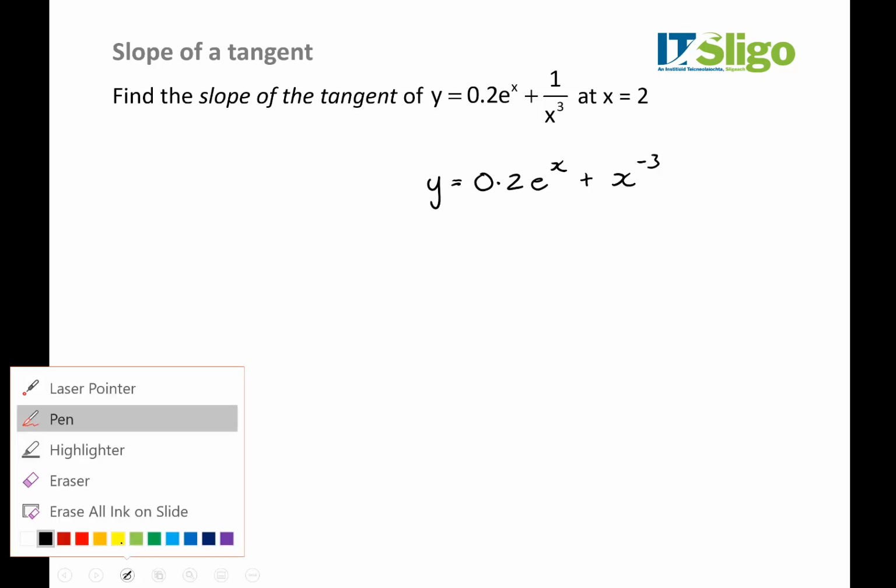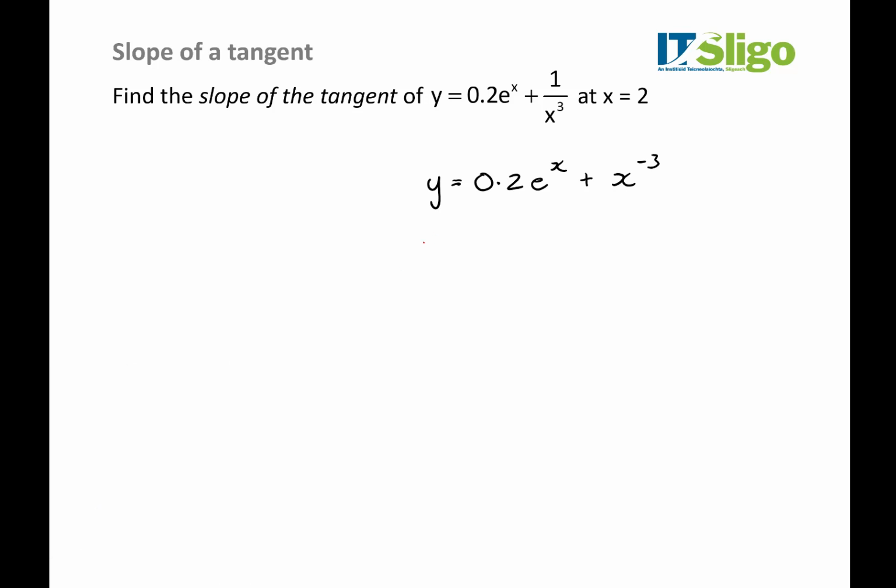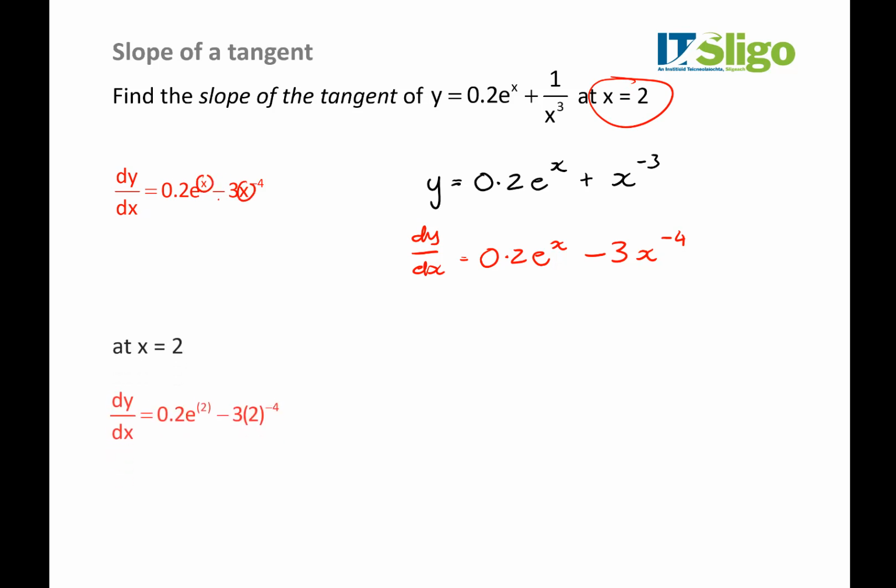Now when we differentiate, we've done this bit before, and here the power comes down, add minus 1 to the old power. And now we're interested in at x is equal to 2, so we just feed in 2 for both of these values. And obviously it's a calculator exercise from there.